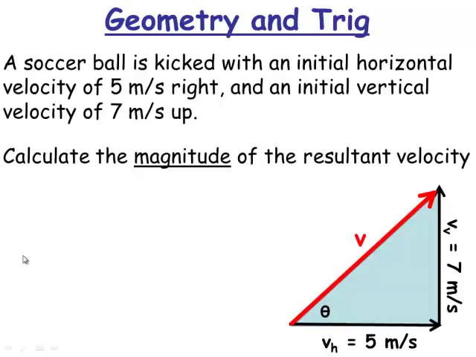In order to calculate the resultant velocity, we would use Pythagorean's theorem. So the horizontal velocity squared plus the vertical velocity squared is equal to the resultant velocity squared.